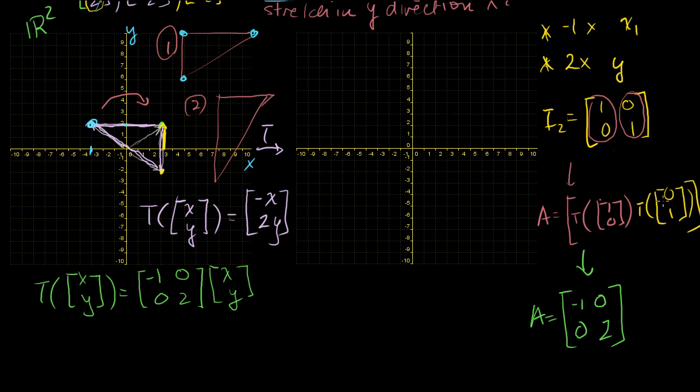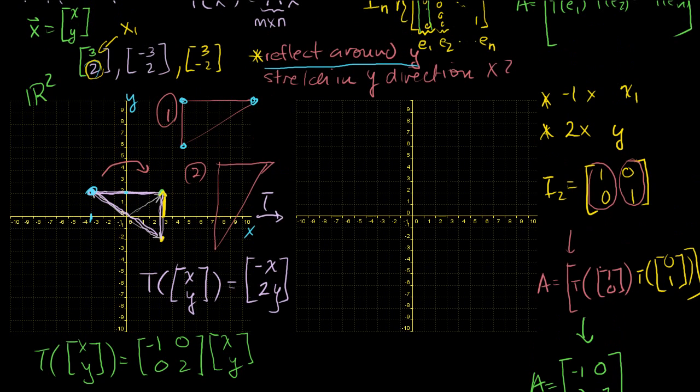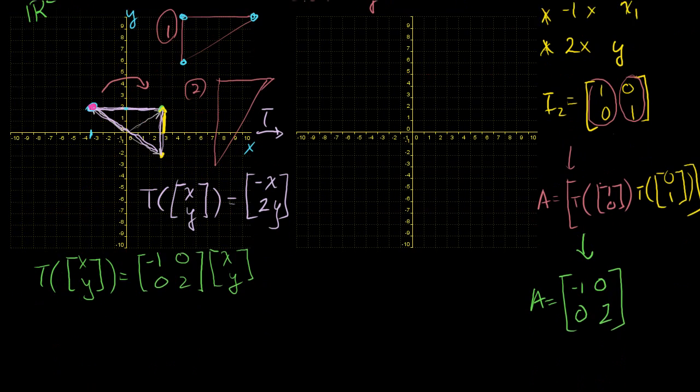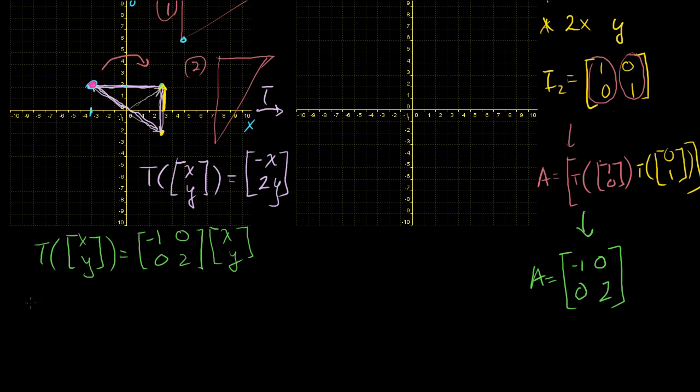And let's apply it to verify that our matrix works. Let's do this first point right here. This is -3, 2. So what is -1, 0, 0, 2 times -3, 2?